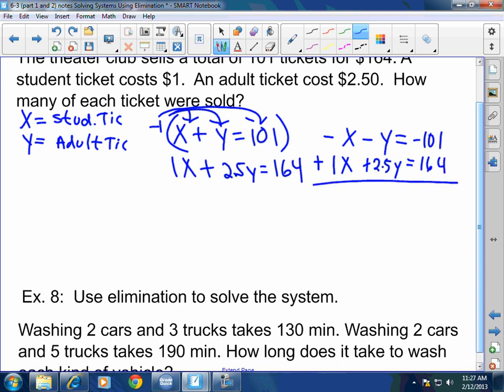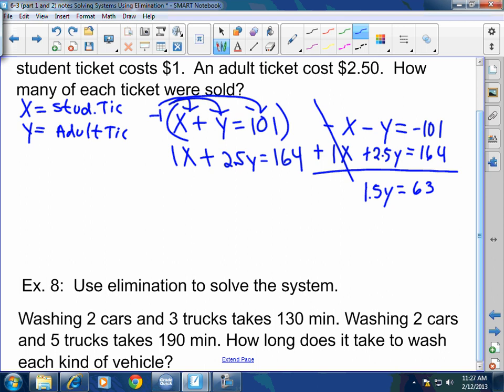Go ahead and subtract these bad boys. The x's go bye-bye. You're going to have 1.5y equals, no, 101 minus 164 would be, no, it'd be 63, sir, right?